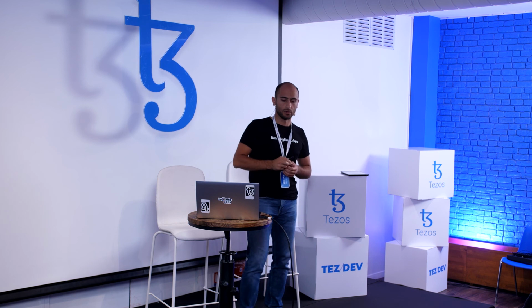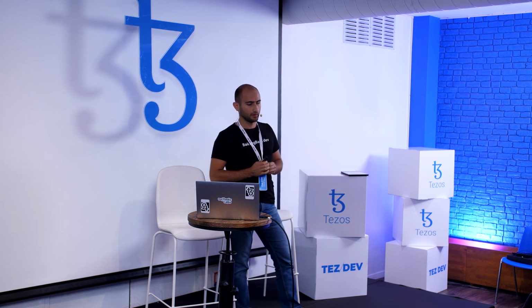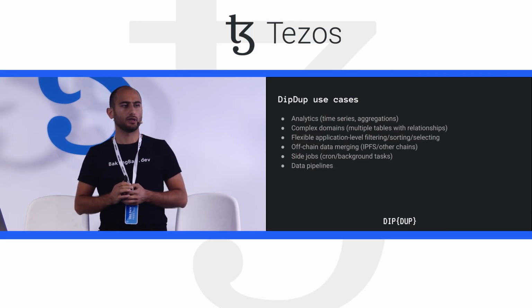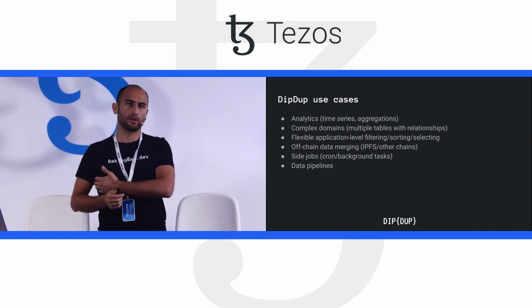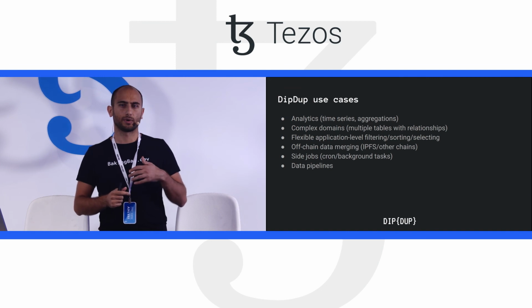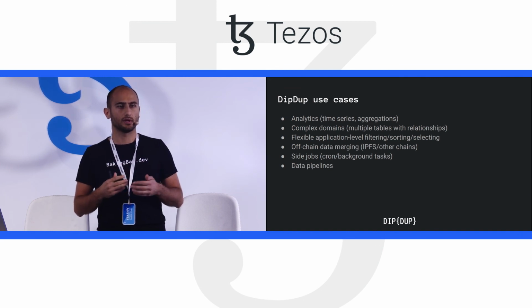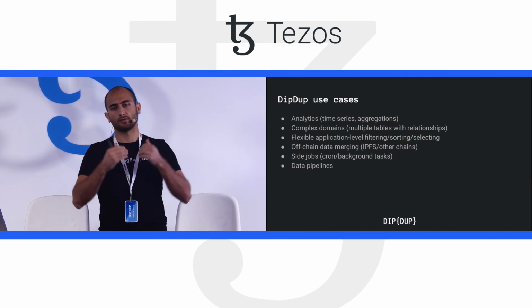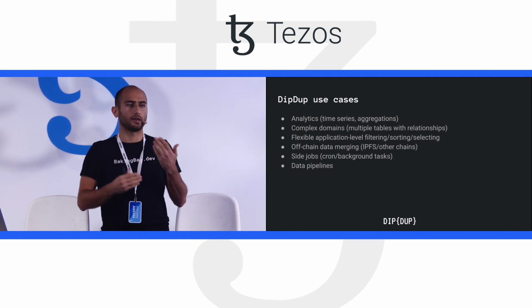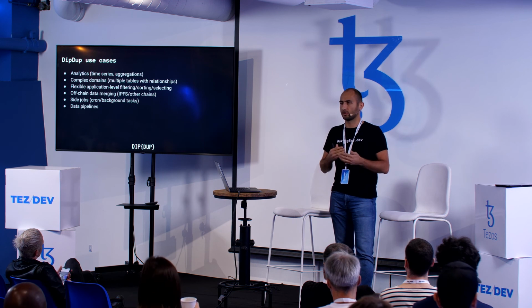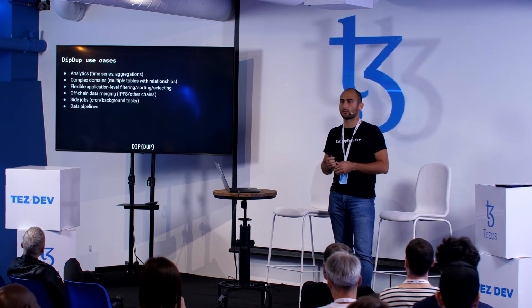In which cases do you need DipDup? Actually, in many cases. When you want to pre-process the data, for example, if you get the data from the TzKT API and you want to aggregate and calculate some statistics. For example, you want to calculate the price over time.